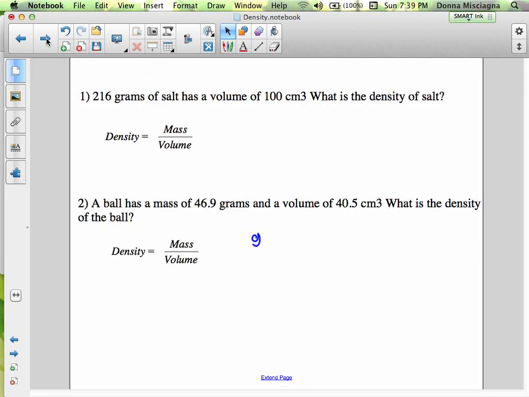If you've got the mass and the volume, it's pretty easy to find the density. So 216 grams of salt has a volume of 100 centimeters cubed. Some reason the cube didn't end up being an exponent, but it's supposed to be. What's the density of the salt?